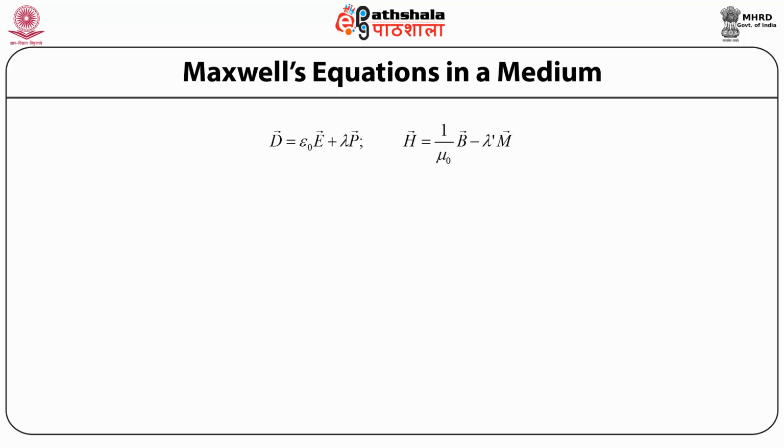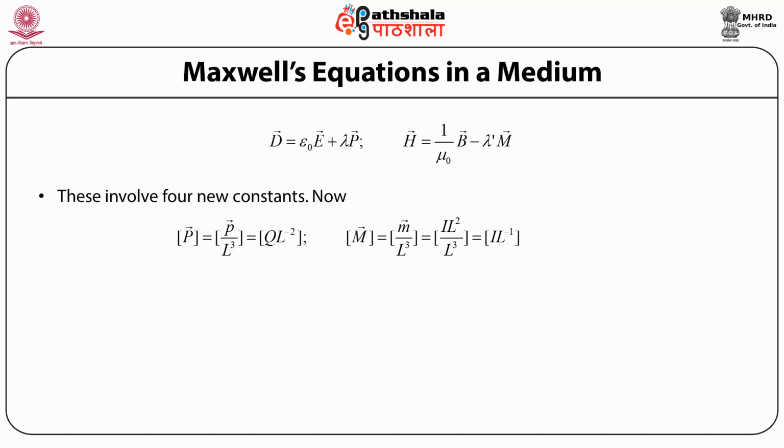Here, D vector is called the displacement vector and H vector is called the magnetic field intensity. Now 4 new constants have appeared in these equations. They will have different values and dimensions in different systems. Dimensions of P vector and M vector are known from their definitions.